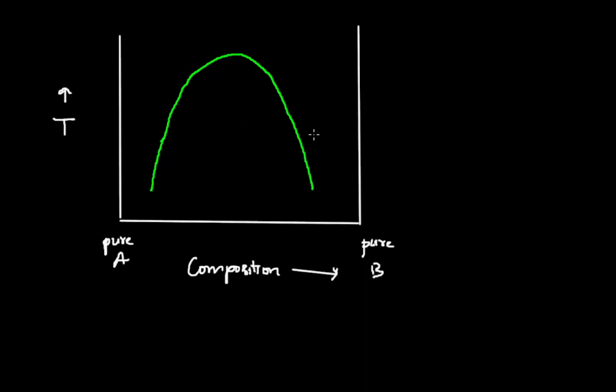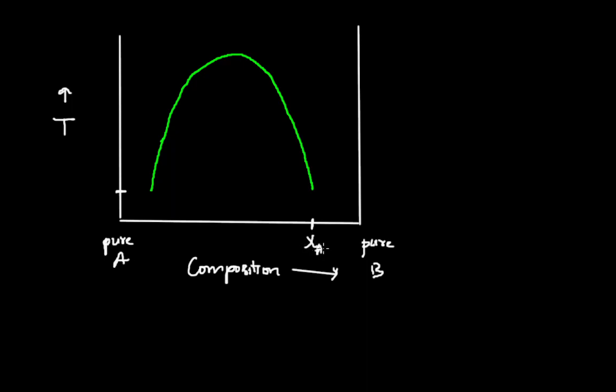Okay. You get a curve like this. So let's explain this curve first. Now what happens is here, suppose I want to take this temperature. Now in this composition range where pure B is way greater than A, at this point, the mole fraction of A in this phase is going to be different.